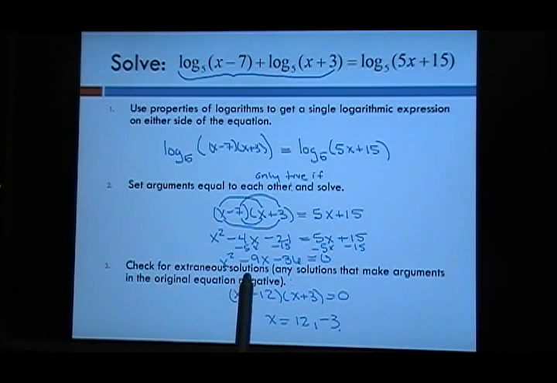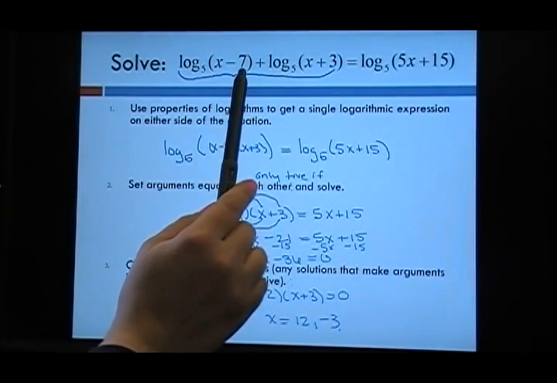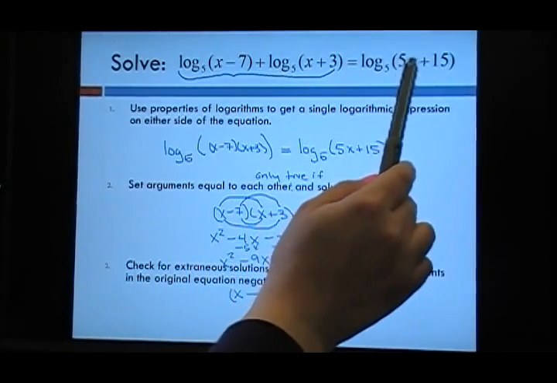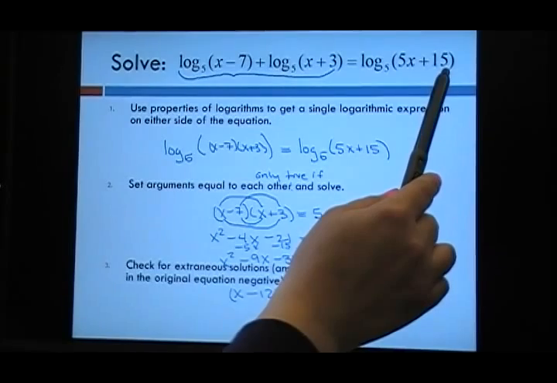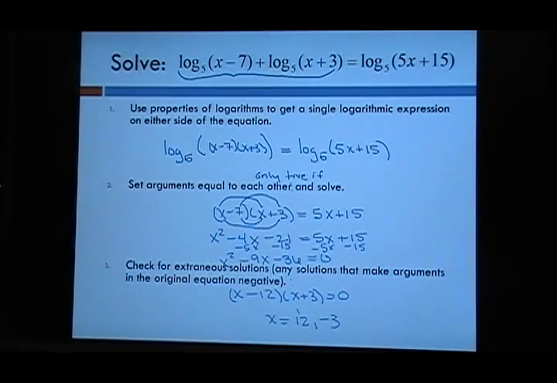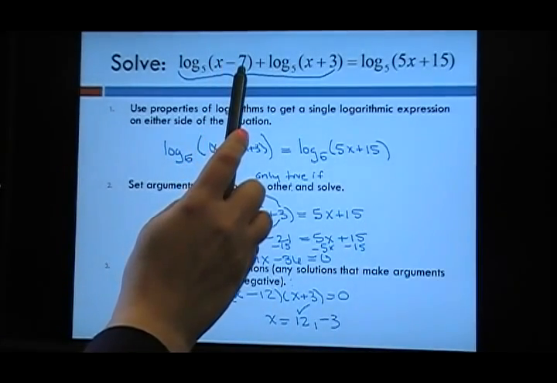So I have to check, and remember, extraneous solutions are any solutions that make the arguments in the original equation negative. So if I substitute 12, is 12 minus 7 negative? No, so that's okay. Is 12 plus 3 negative? No. Is 5 times 12 plus 15 negative? No. So 12 is fine. What about negative 3? If I do negative 3 minus 7, is that a negative number?